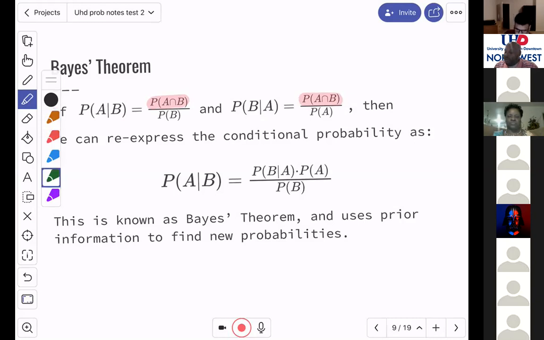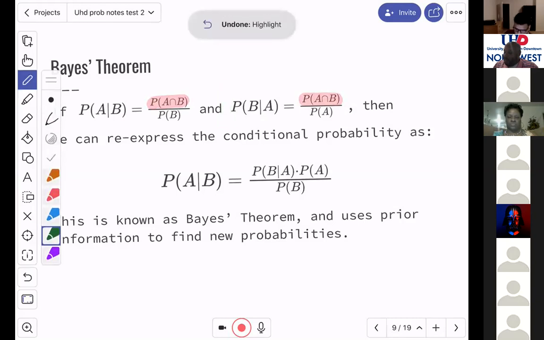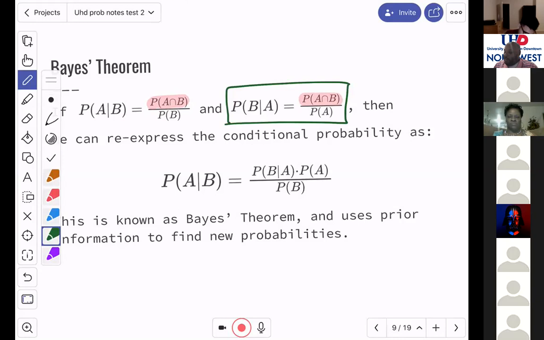And because they're equal, we can re-express for any one of them. In particular, I can take this entire term right here and rewrite it in terms of the probability of A and B. Let me write that in red as a matter of fact.